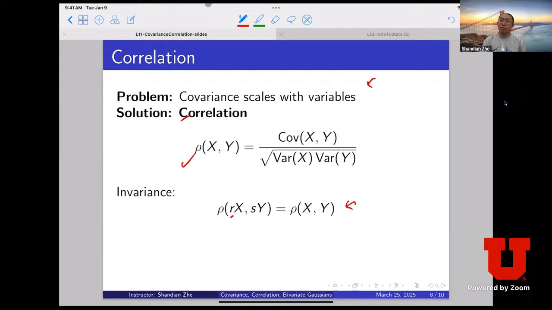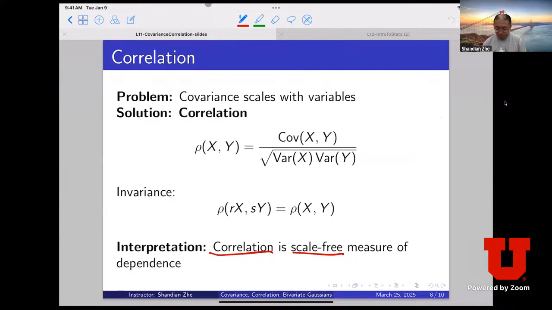So it is completely scale invariant. Of course, you need to make sure r and s are non-zero. Question? Okay. So correlation is a scale-free measure of dependencies. That's why in practice, when we compare pairs of random variables in terms of their dependencies, people usually use the correlation coefficient.